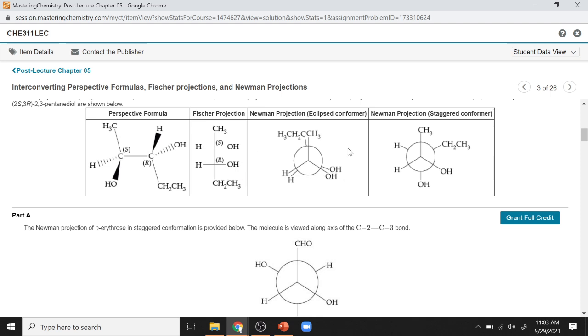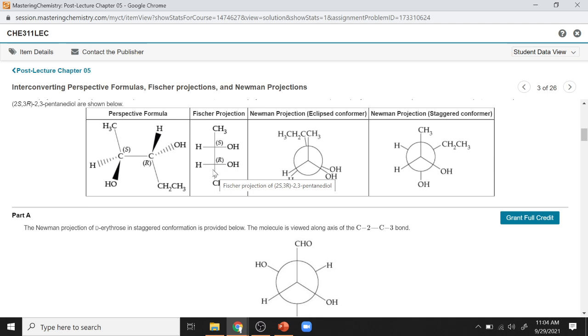Okay, this shows you the two different conformers of this, right? So this would be the eclipsed conformer. It's eclipsed because these bonds are eclipsing each other, aren't they? Okay. How I order these groups around here is I need to act like I'm looking down this bond, right? So remember, these are up, up, and up, right? Okay.